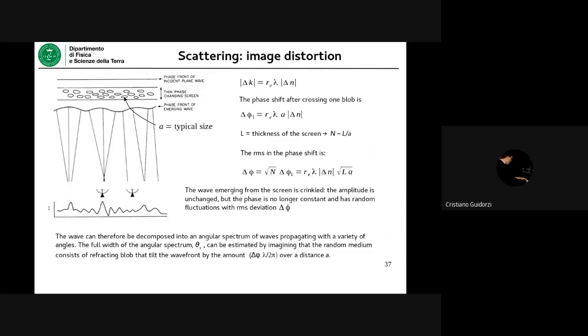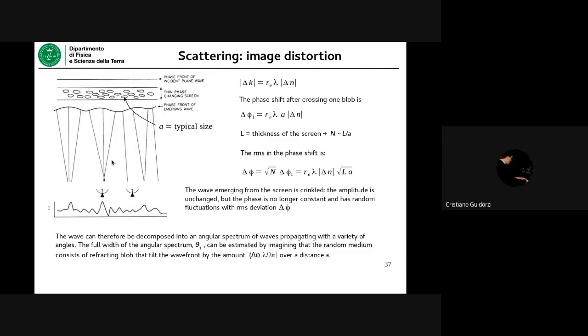So now the goal we set to ourselves is to determine the typical angle, which I call theta s, by which all these rays are tilted. As a matter of fact, due to this screen, should there be no screen, all the rays would just propagate straight away along the line of sight. But because of this, they are tilted.